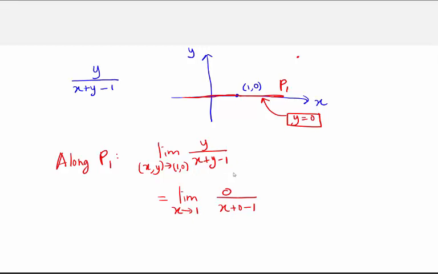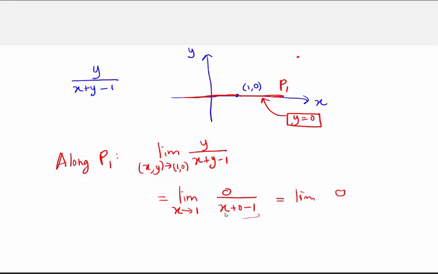In other words, we have reduced the limit of a two-variable function into a limit of a single variable function of x only. But now the function here is 0 over x plus 0 minus 1, which is just 0. Well, notice that the denominator is never 0 because x is never 1. x is only approaching 1. So x minus 1 is never 0.